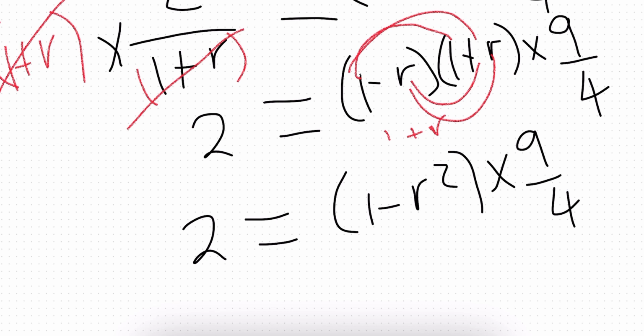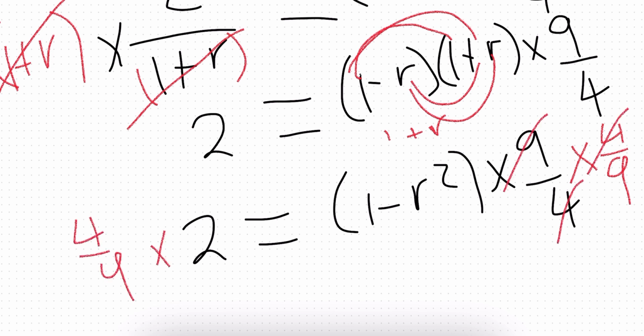Then now it's a matter of grouping the like terms. But how do you group them here? You eliminate this 9 over 4 by multiplying by its reciprocal, which is 4 over 9. So multiply by 4 over 9. Then you cancel this and this, this and this.